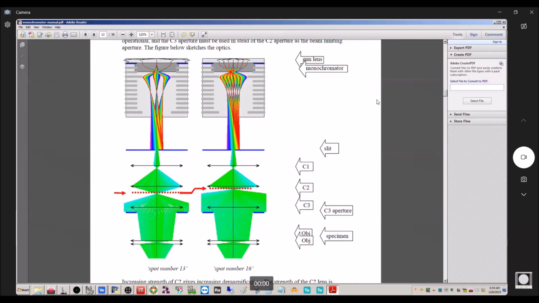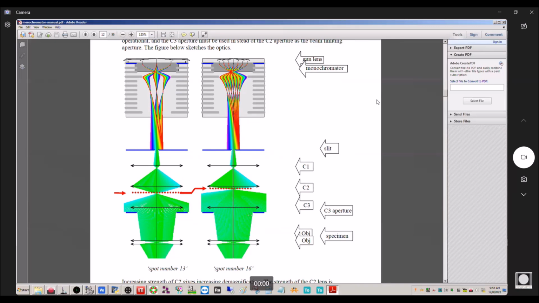So then the C3 lens, or aperture, I should say, is controlling the probe forming aperture, or the semi-angle collection. So now we're basically into a two condenser system, kind of analogous to a regular Tecnai or Talos, which means we no longer have the ability to dial in a convergence angle.